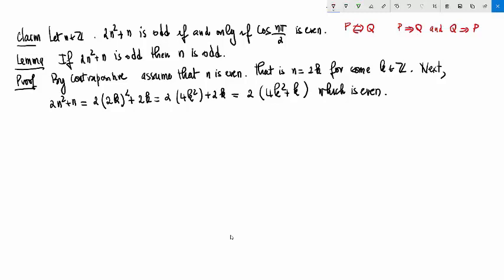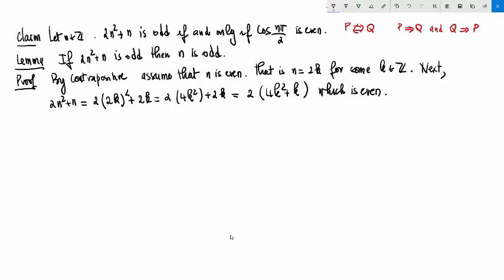The first step in my proof is to first establish that it is not possible to make 2n squared plus n odd without having n odd itself. So to do this, I will need a lemma, which is the following: if 2n squared plus n is odd, then n must be odd. So I will proceed by contrapositive. So by contrapositive, let us assume that n is even.